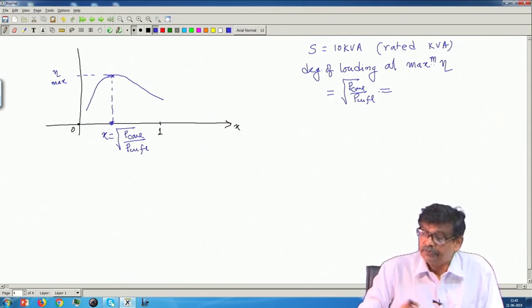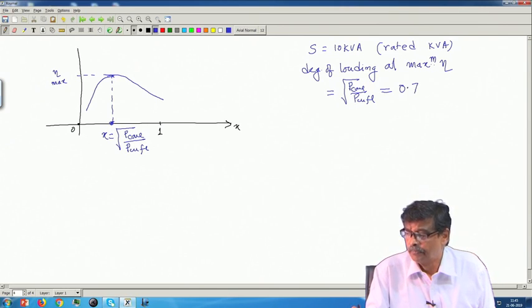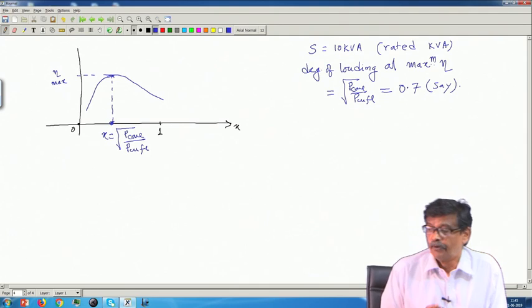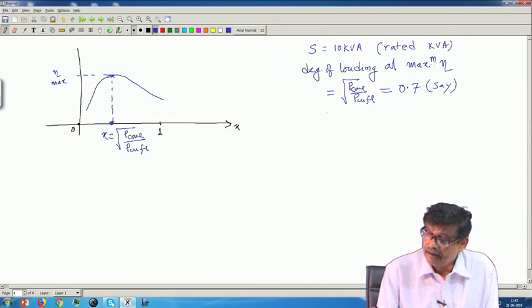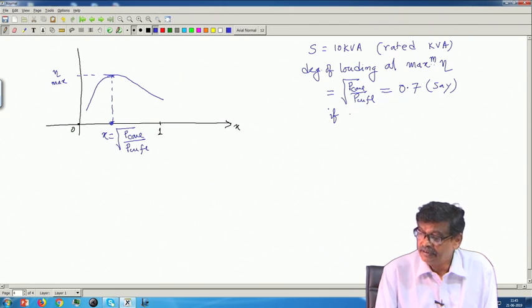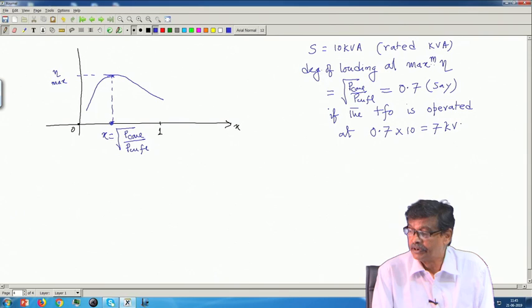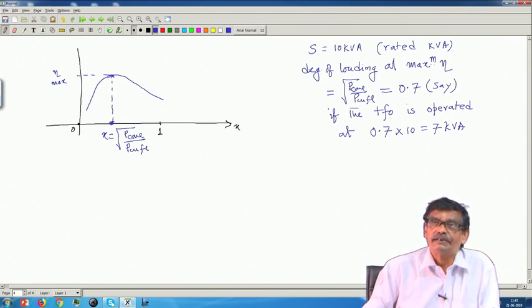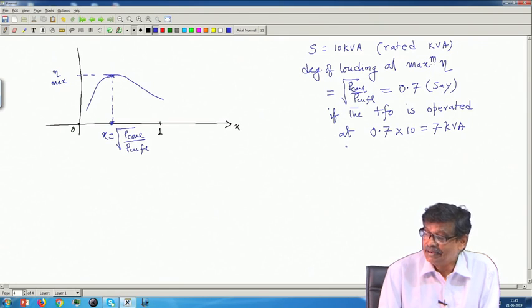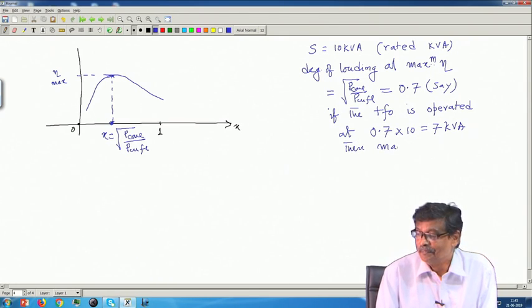If suppose this becomes 0.7, then I will say if the transformer is operated at 0.7 into 10, that is equal to 7 kVA, then maximum efficiency will be achieved.